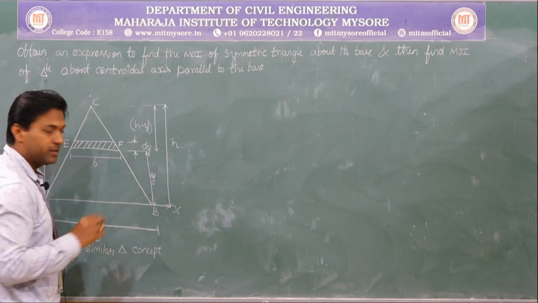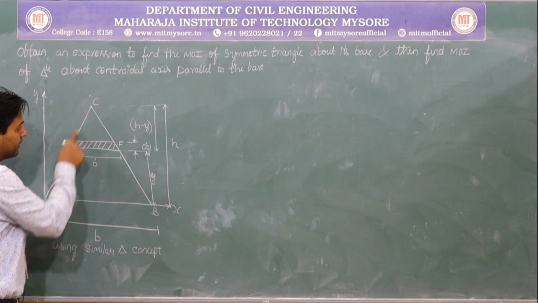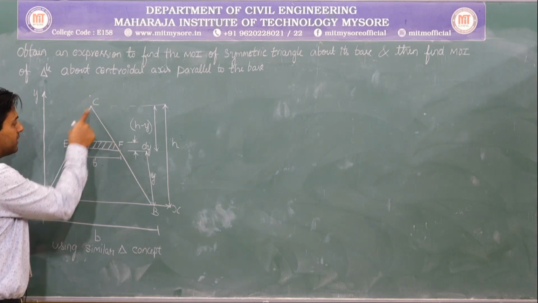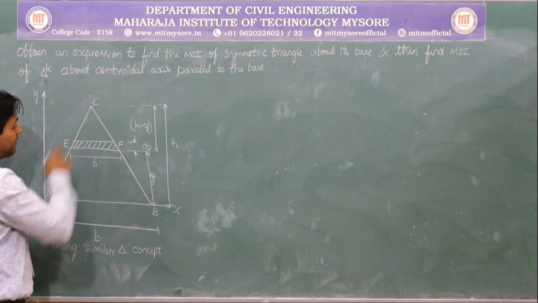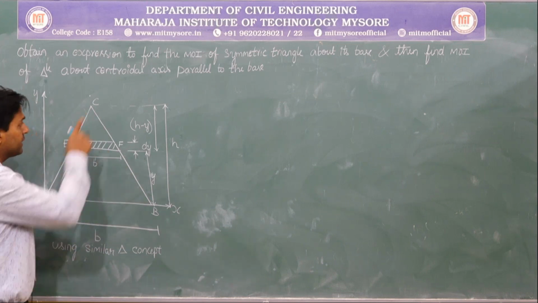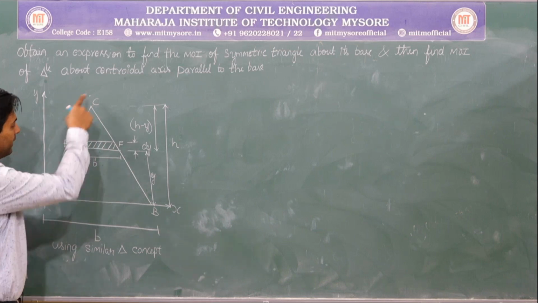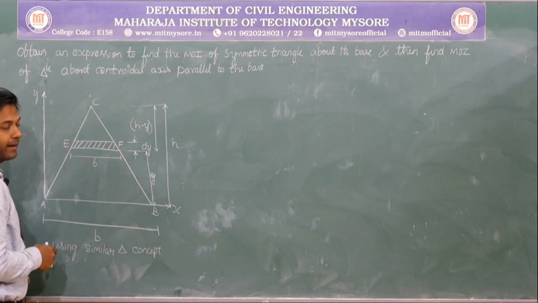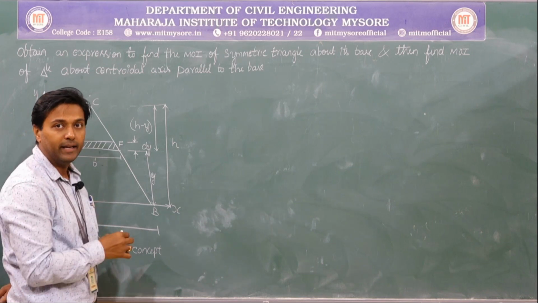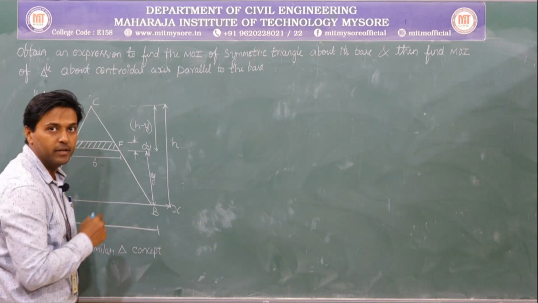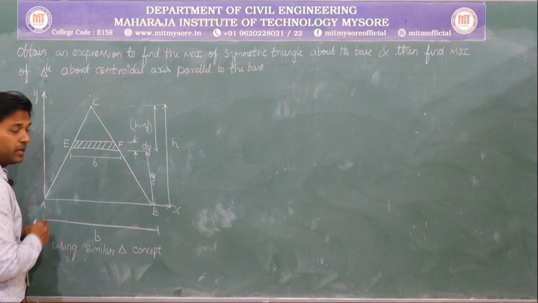I will be considering this as the smaller triangle, CEF, and ABC as the bigger triangle. By applying similar triangle concept, observe.